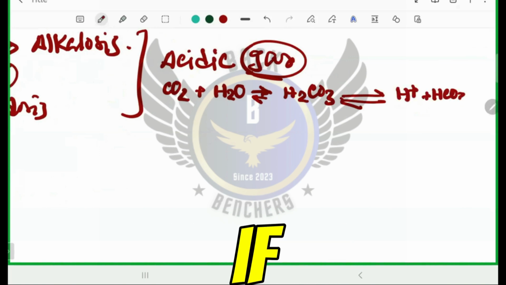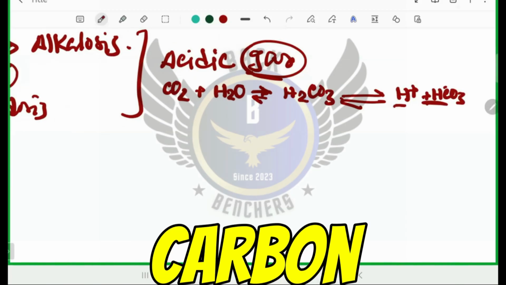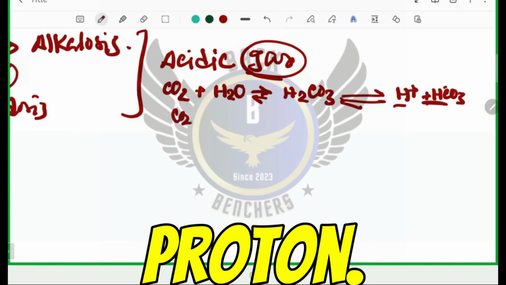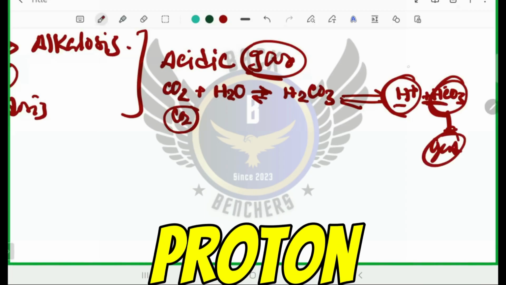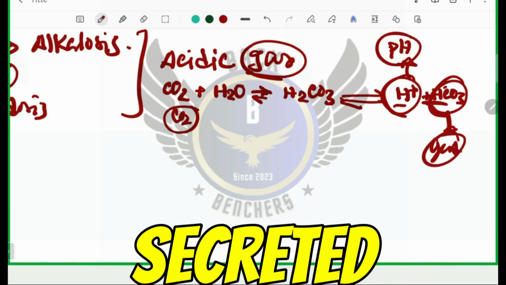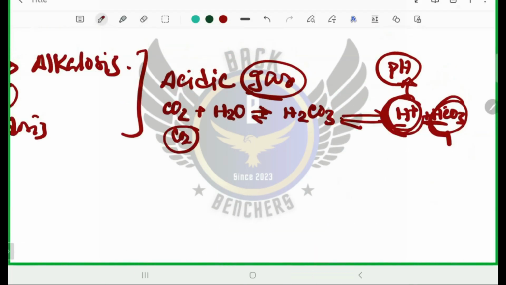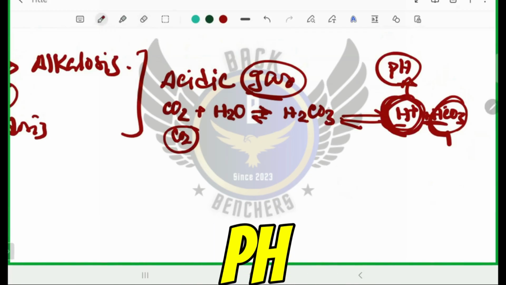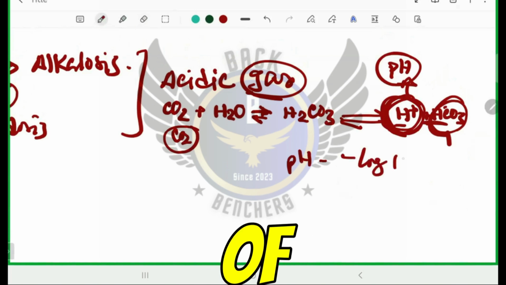If there is a balance, it will not cause any problem. But the more carbon dioxide goes in, the more proton we get. We can say that bicarbonate is also there, but this bicarbonate goes to your gut, secreted through your gut secretions in exchange of chloride, and these protons will affect your pH. pH is minus log of proton.